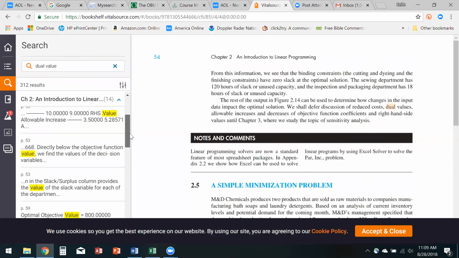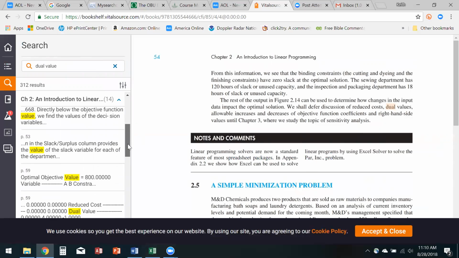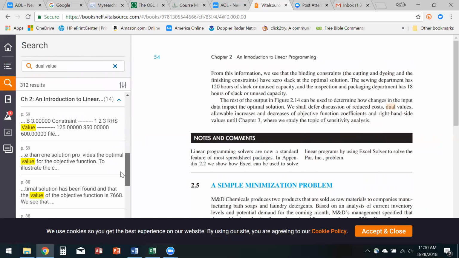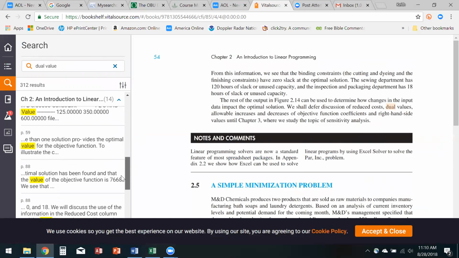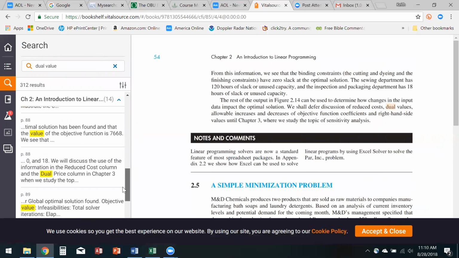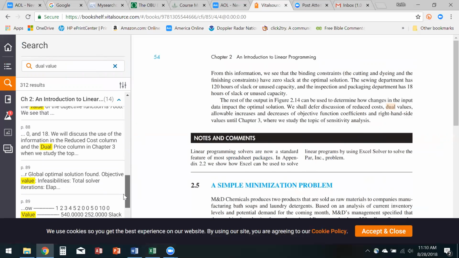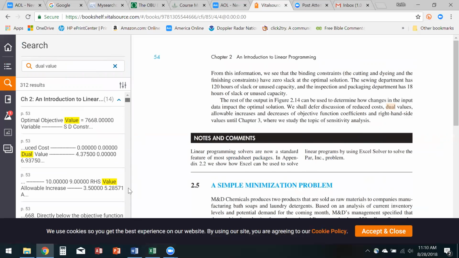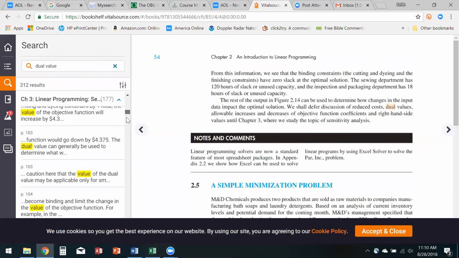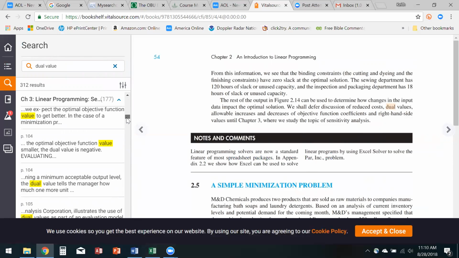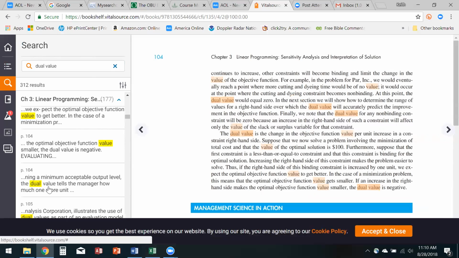You see the value. And here on page 104, we get a really clear explanation of what that's all about.